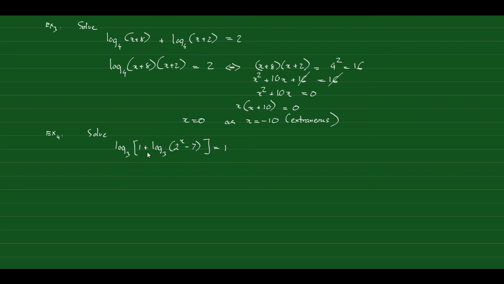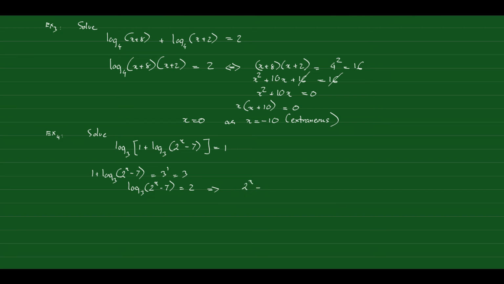Now you have the argument, you have the base, you have the y, so we can kick them up. We can apply the log principle to kick this up. So that gives you 1 equals log base 3 of everything inside the bracket, the argument, 3 to the first power, which is 3, and I subtract both sides by 1. That gives you 2, and now we see that we can kick them up again. You can apply the log principle a second time.